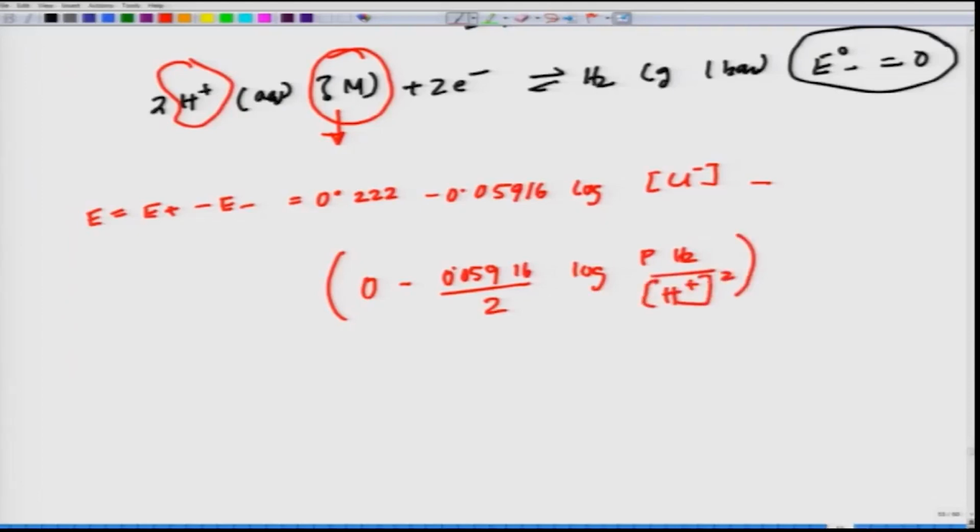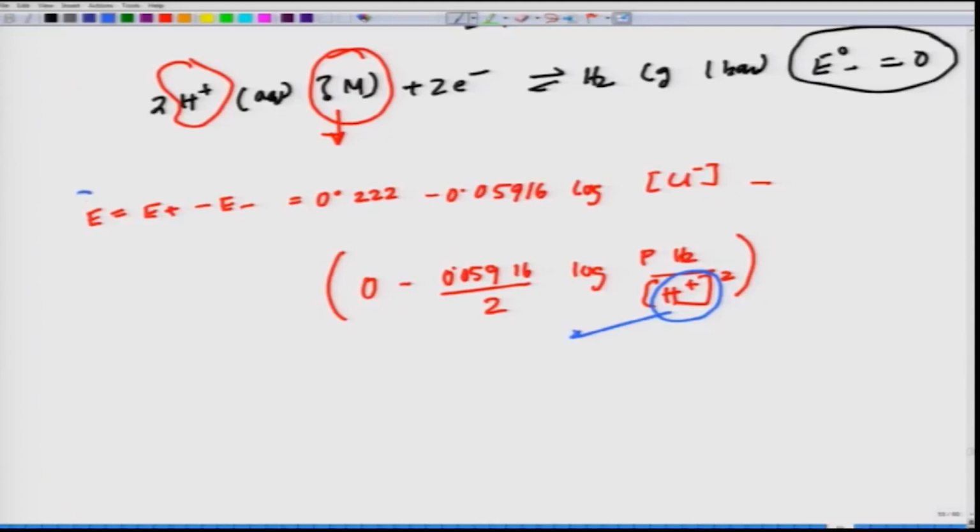Now what we do not know here is this term. This term is unknown to us. After inserting the known quantities, we discovered that the only unknown is the H plus. So the measured voltage allows us to find H plus.